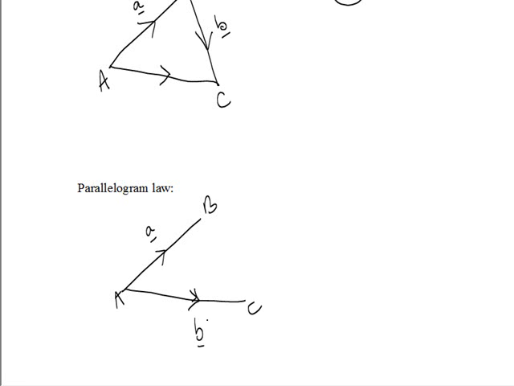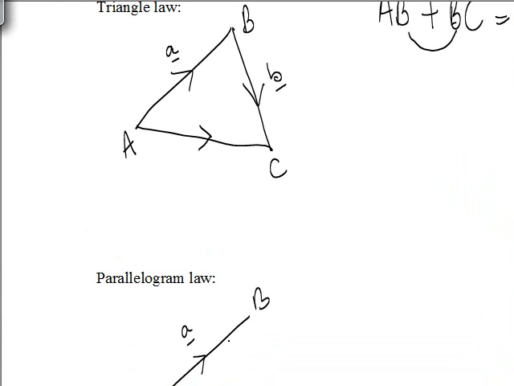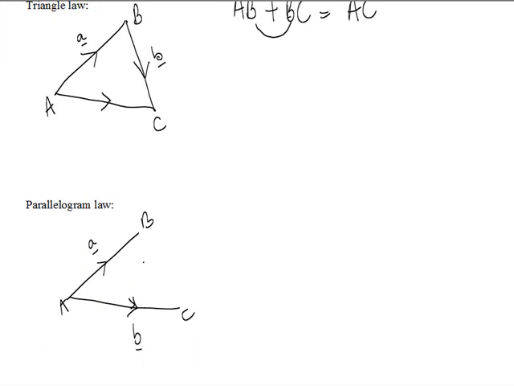B. Notice the arrows for AB and AC are diverging, right? You can add AB and AC in this case by forming a parallelogram. Okay, so be careful. You can't use the triangle law there as such. It's better to use a parallelogram.